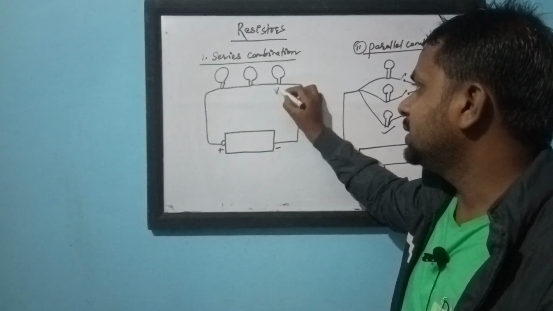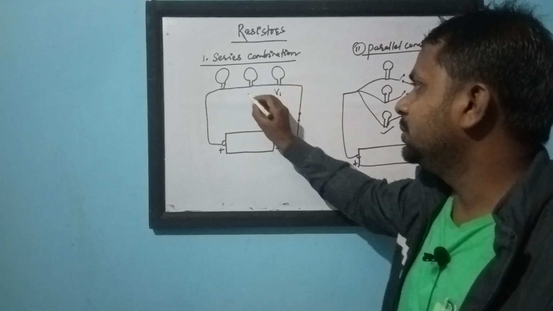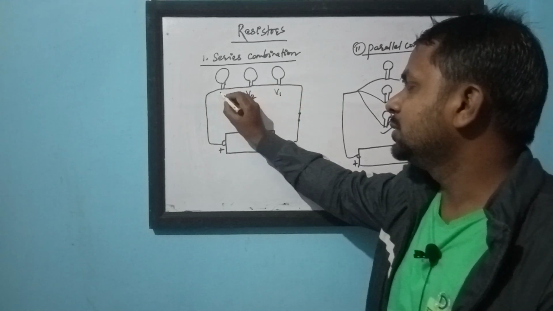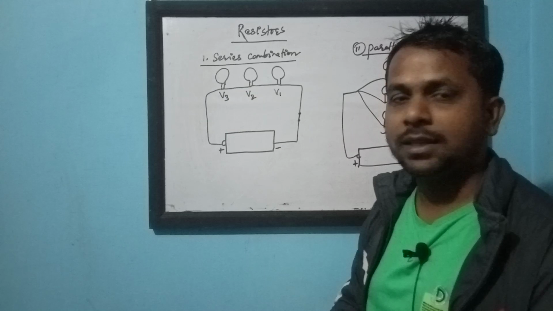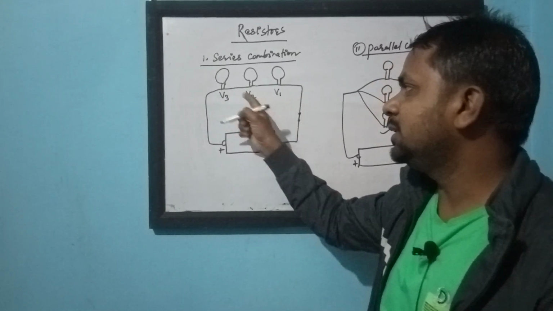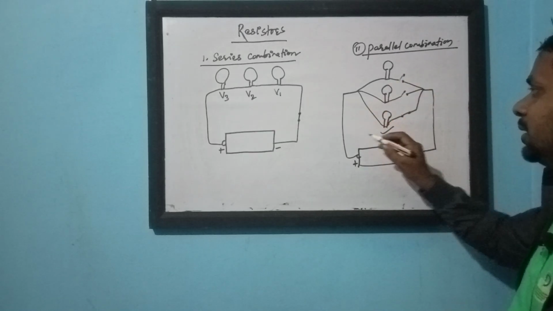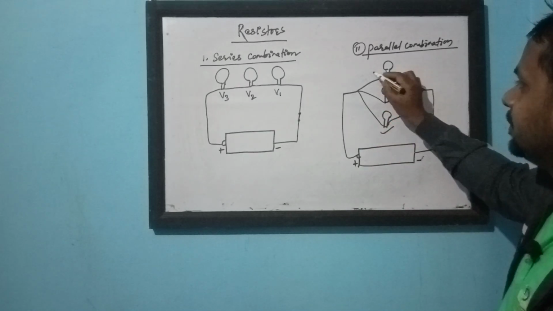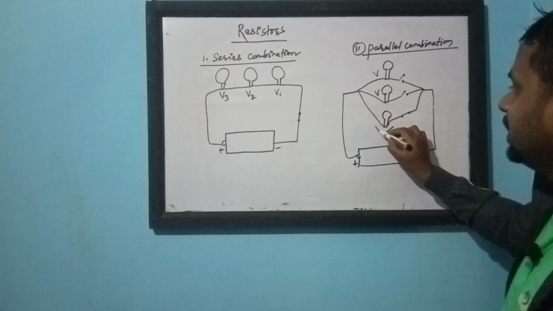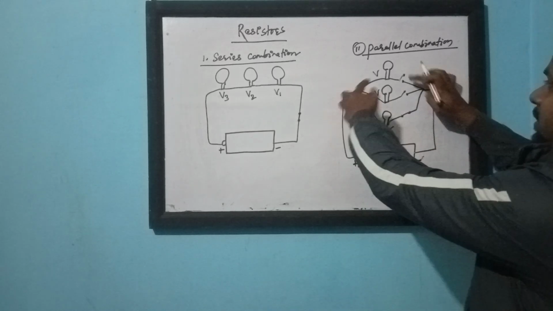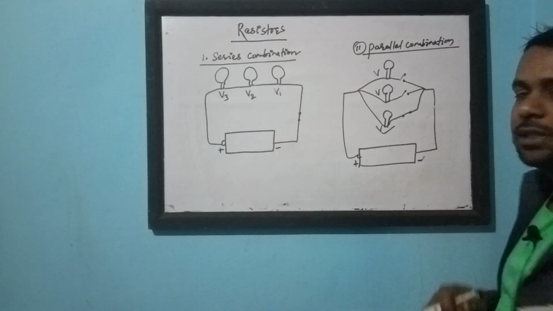Suppose the potential difference across this point is V1, here V2, here V3. Current will be the same, potential difference will be different. But in the parallel case, potential difference is the same everywhere, because they are connected to the same potential.